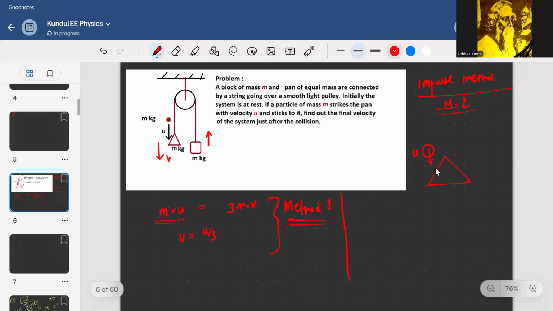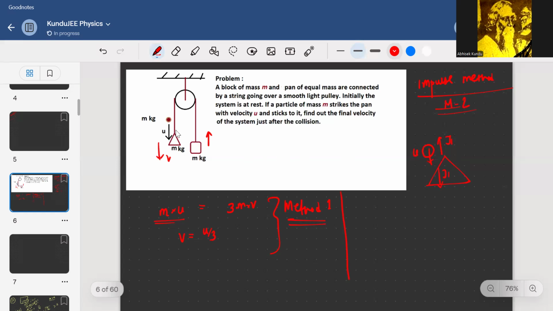When it sticks, it gets some impulse in the upward direction because its velocity is getting reduced. Let us say this impulse is J1, and the same amount of impulse will be given to the pan as per Newton's third law.